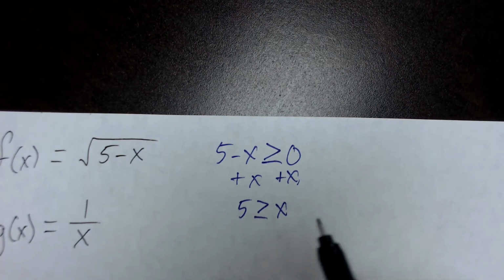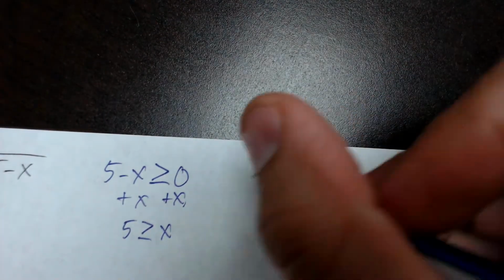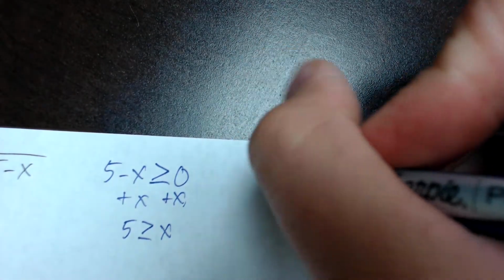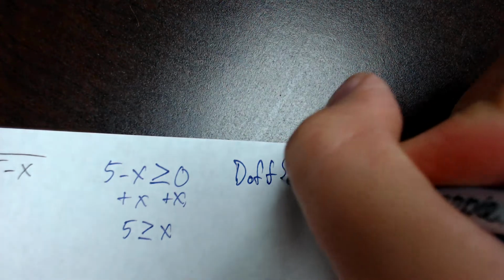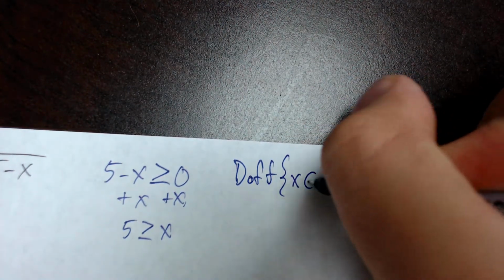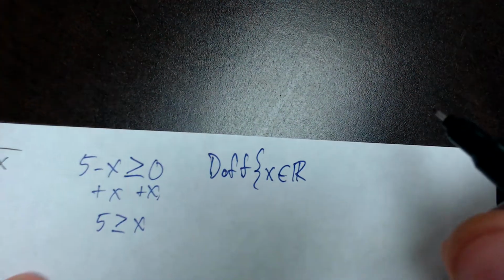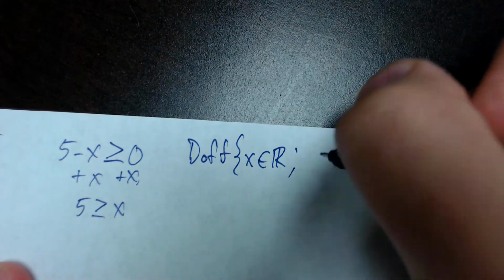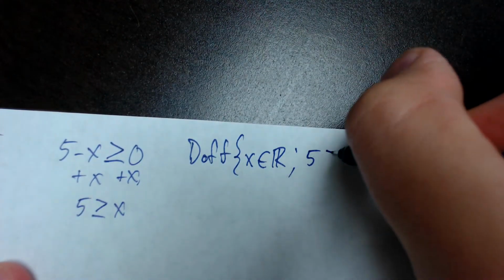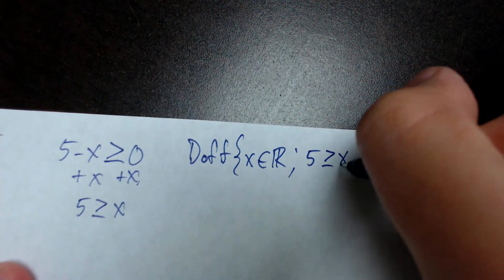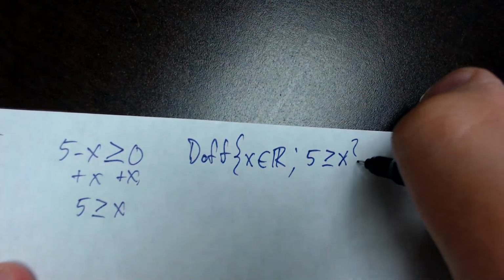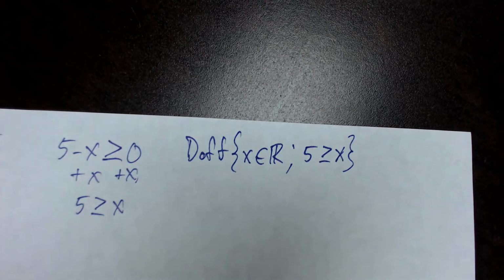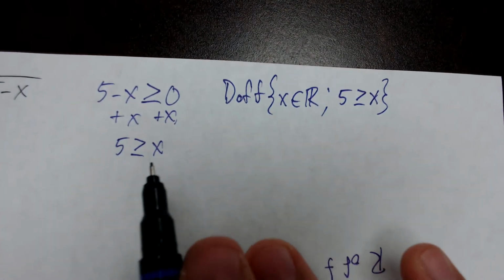All right? So the domain of f is x being the set of all real numbers. That's the part we memorize. As long as 5 is greater than or equal to x, or x is less than or equal to 5. That's how we solve the first one.